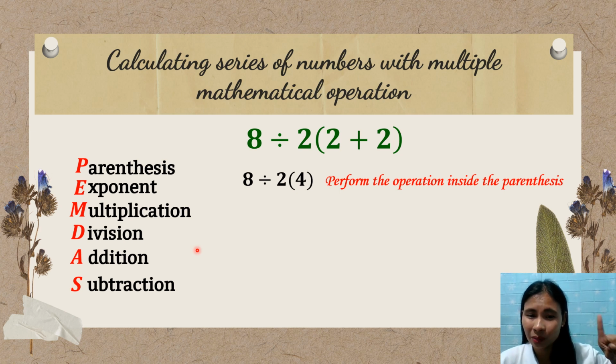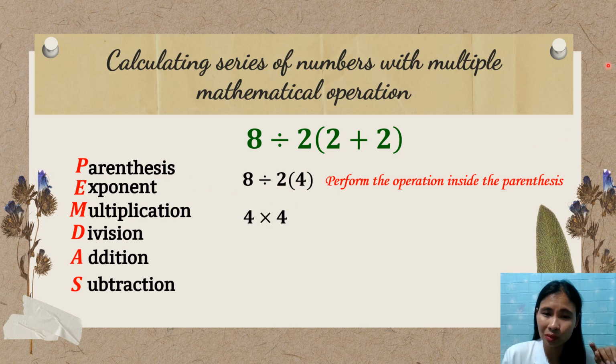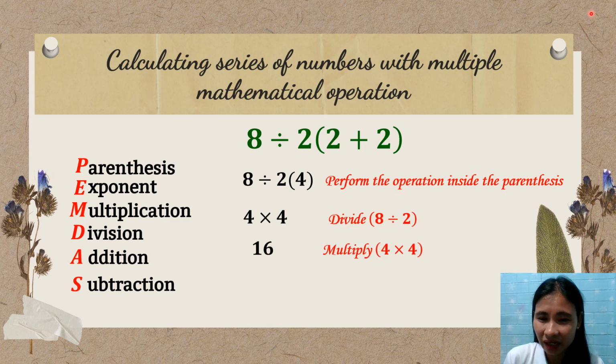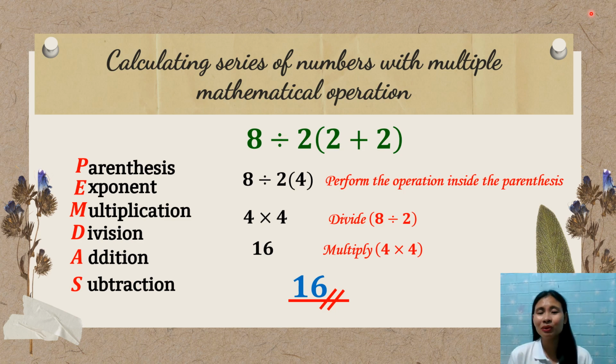So we start with 8 divided by 2, and the expression becomes 4 times 4. We have one operation left, and 4 times 4 is 16, which means 8 divided by 2 times the quantity of 2 plus 2 is equal to 16.